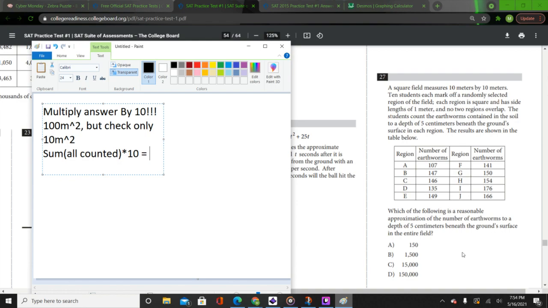Going along with the approximation, we're going to multiply that by 10 and get, I believe, choice C, if I'm correct. For 27, it is choice C. Yes, indeed, 15,000. And that's our answer.